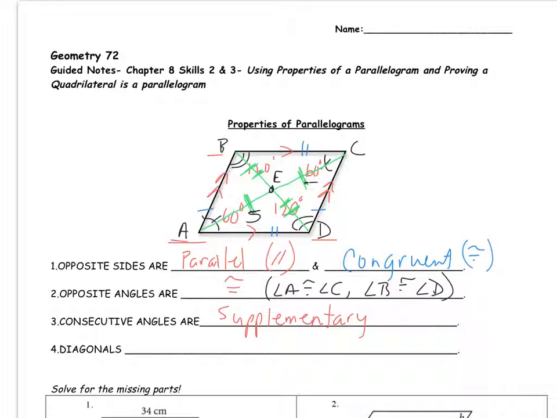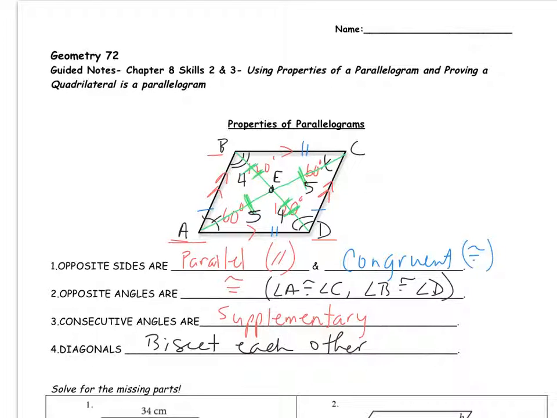Hopefully you're going to say 5. But BE, I might say, is 4. So what's ED? It would be 4. But notice that the 5 and the 4 going across are not the same. So they bisect each other. So diagonals bisect each other.